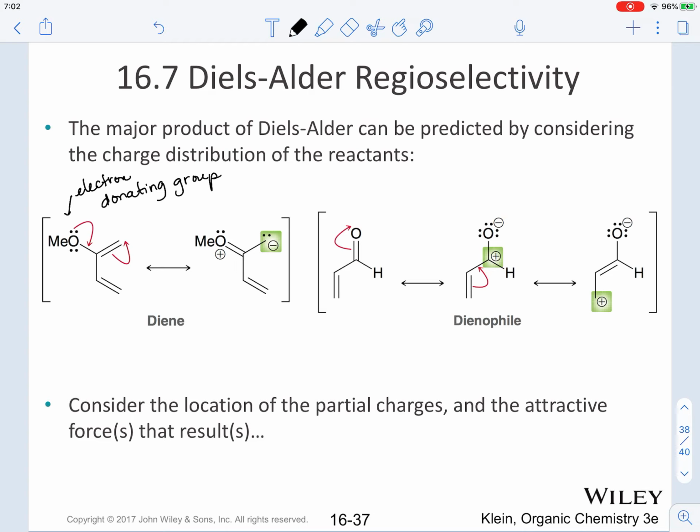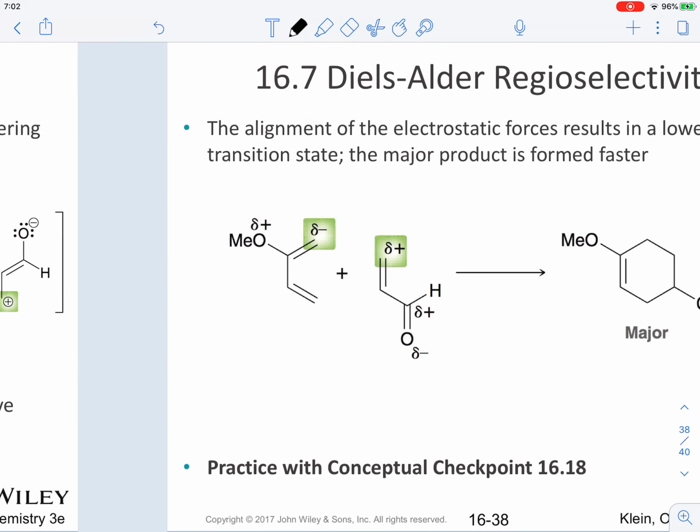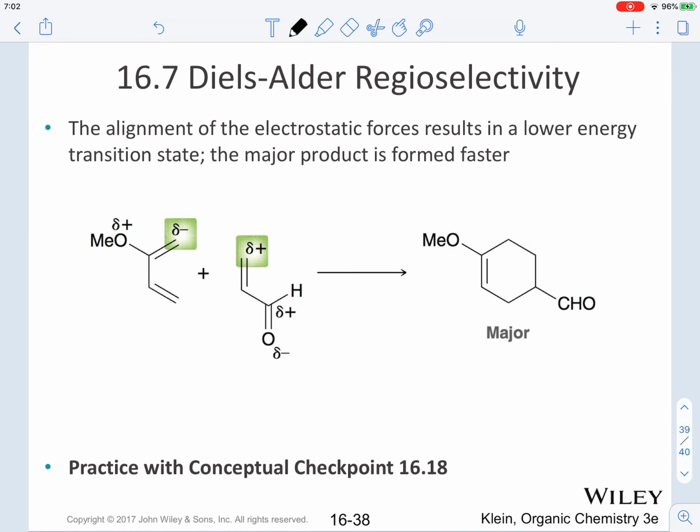So considering the location of the partial charges and the attractive force, we can observe where specifically in the molecule we have the partial negative compared to the partial positive charge.